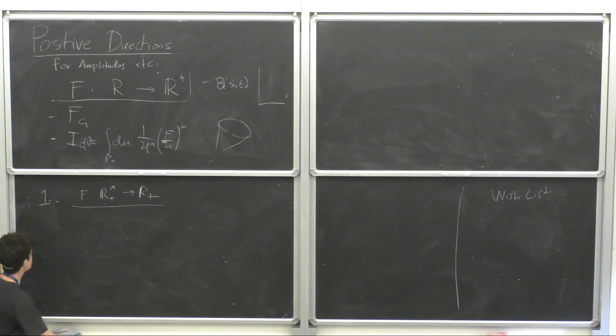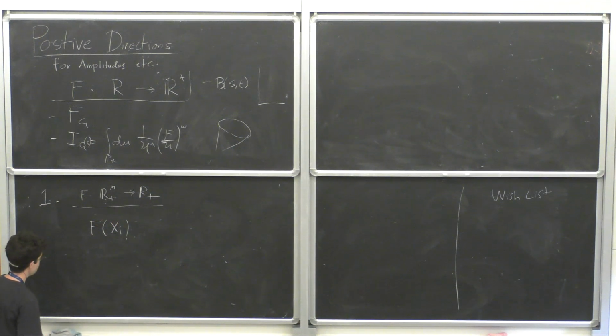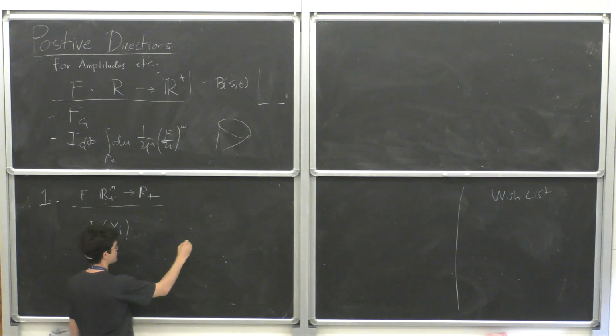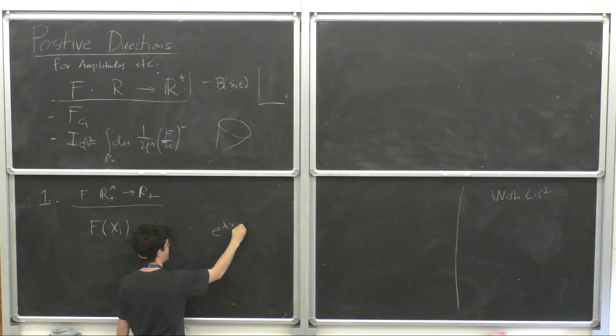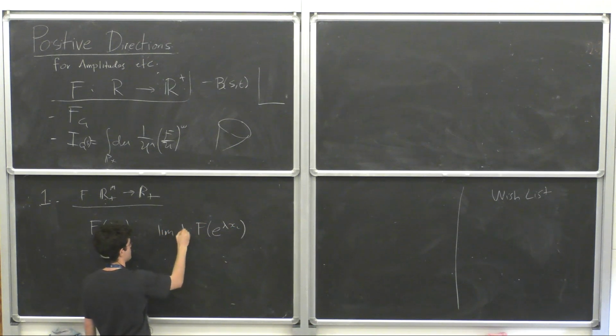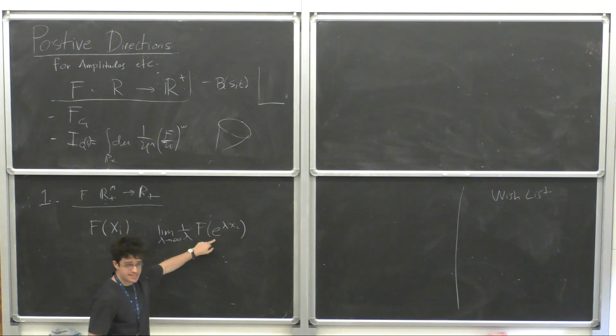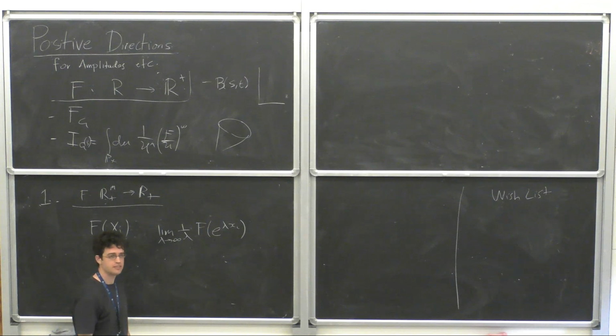This is at infinity. Because if it's a function of some positive variables xi, then it's well defined to replace xi by e to the lambda little xi for real xi, and take this limit as lambda goes to infinity. And then what this tells you, and I'm pretty sure many of you in this room, if not all of you, have seen this before, the result of this is a piecewise linear function of the xi's.